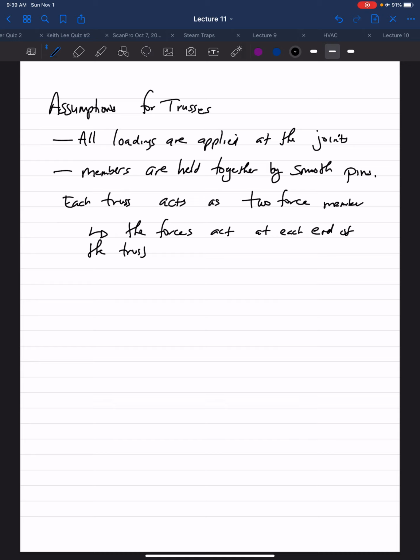For example, if we take a member and there's a pulling force at the end, which means it's tending to elongate it, then this member is under tension.